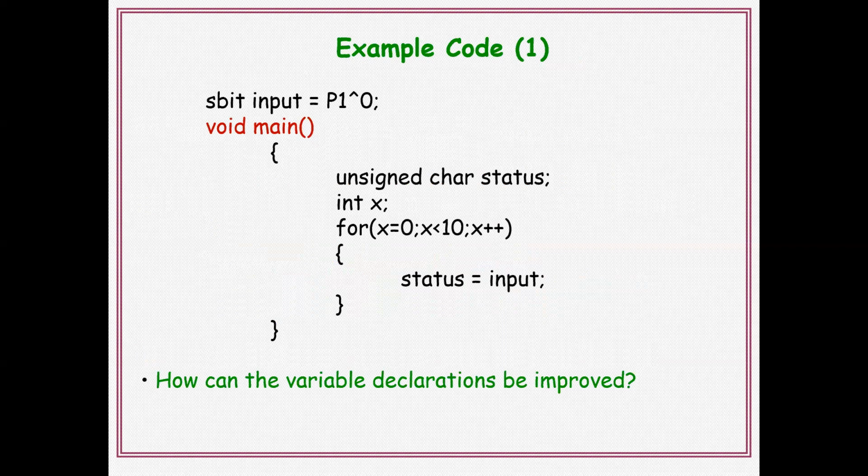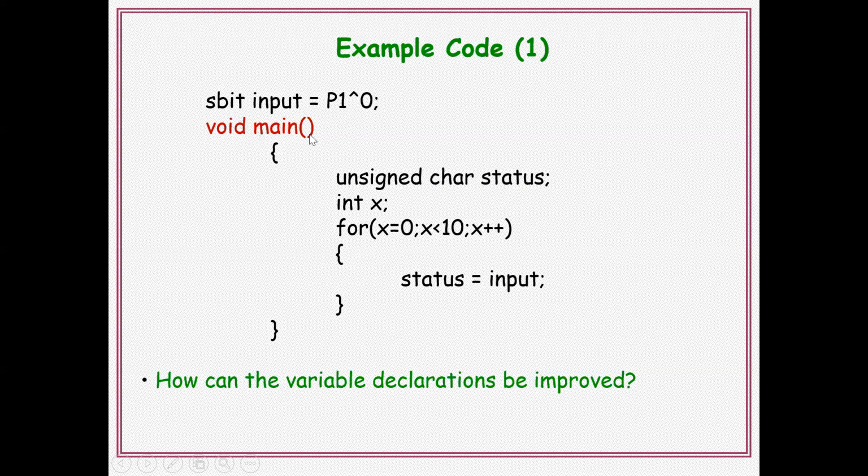For example, sbit input equal to P1^0. Port 1.0 can be represented as P1 in caps. Here input is a variable initialized with P1.0, which is only one pin, one IO line. One IO line can be represented as an sbit.